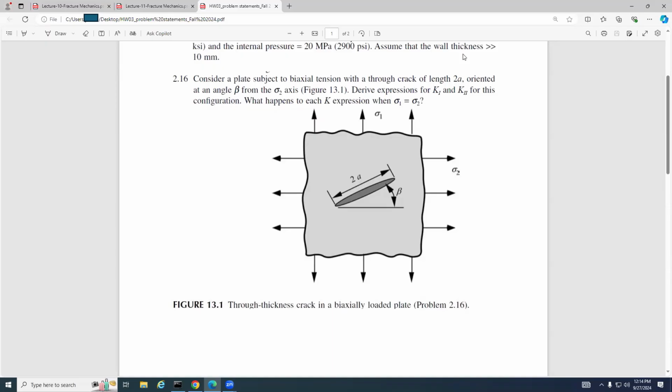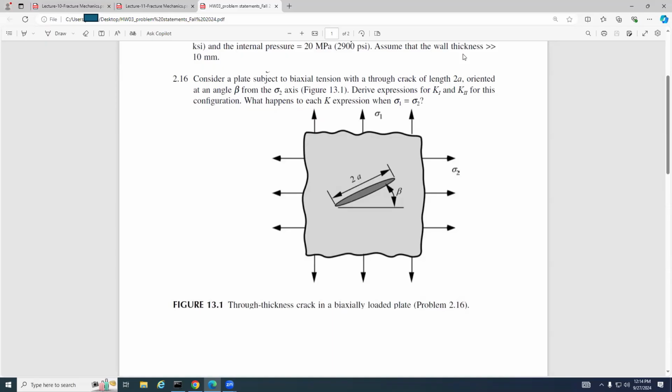Because we also use the superposition principle. Superposition principle means that K1 equals sigma 1 cosine beta square root of pi a.